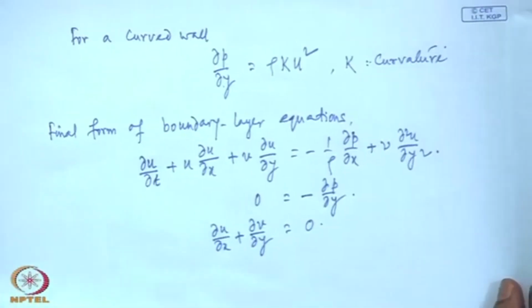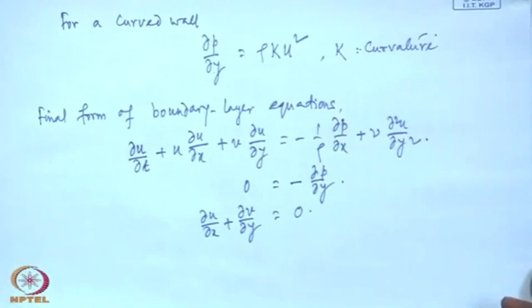So, these are the boundary layer equations. If you look at the equations compared to the full Navier-Stokes equations, they are definitely much simpler.